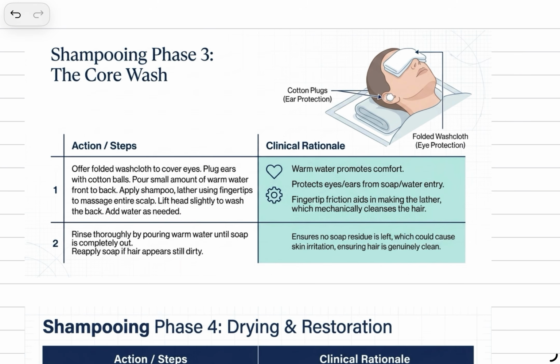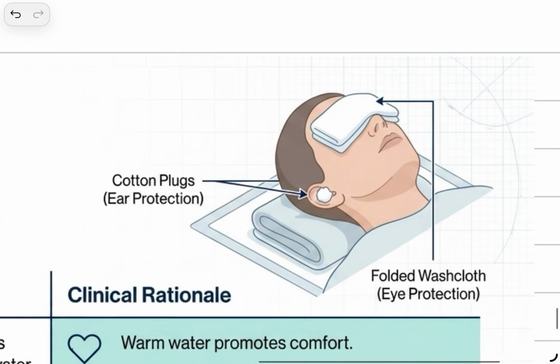Now, being a staff nurse, we applied the gloves. Okay, and we need to offer the folded washcloth to cover the eyes, and we need to plug the ears with cotton balls. Clear? Can you see this one?